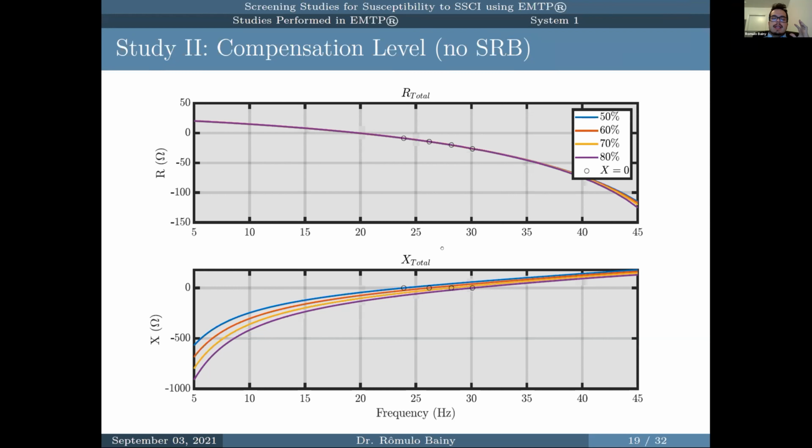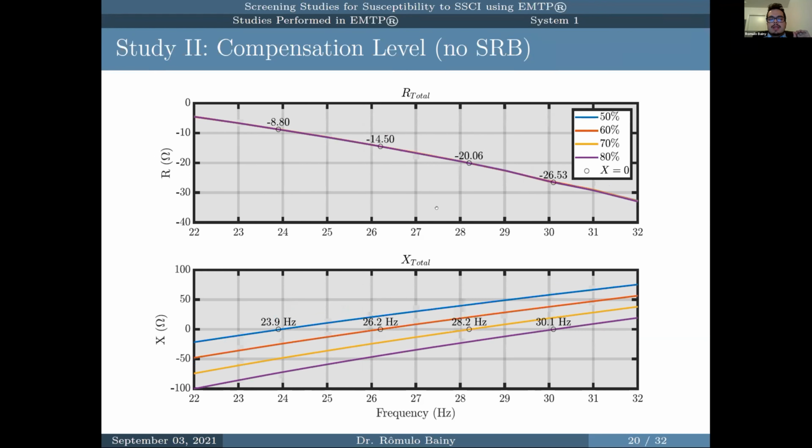So if we, again, zoom in so we can see what is actually happening there, we can see that the crossover is going to occur at different frequencies, like it happened when we had the shunt reactor banks connected. For 50%, we're going to have minus 80.8, and for 80%, we're going to have minus 26.53.